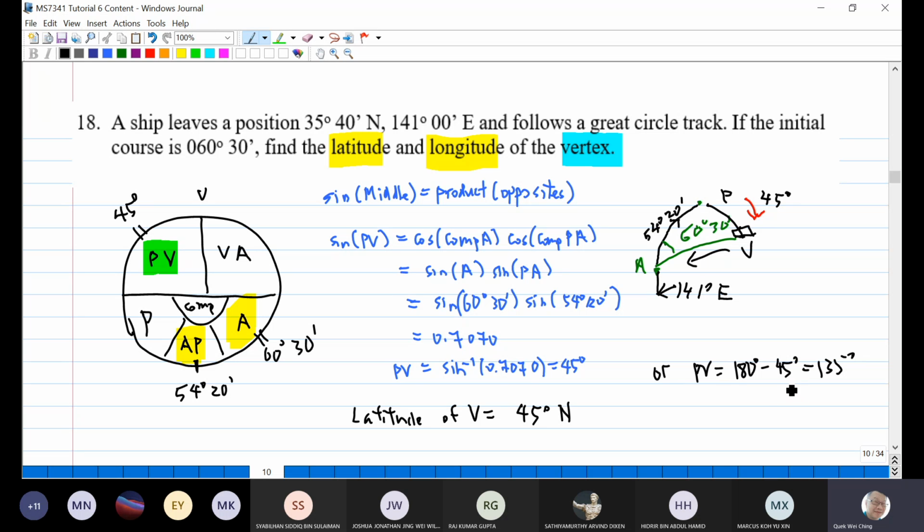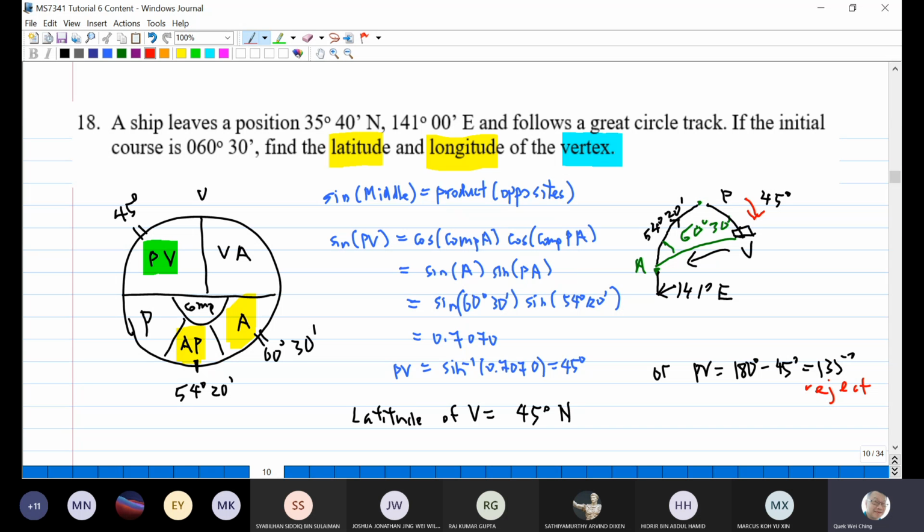But you reject this one, because the angle cannot be so big, like 90 degree has 54 degree 20 minutes, right? So this one cannot be more than 54 degree 20 minutes. So 45 is okay, right? So this is the reason why we reject the bigger angle.